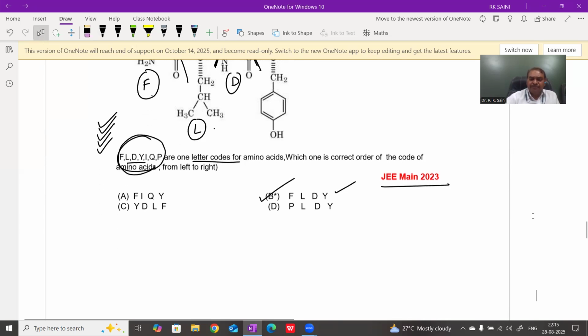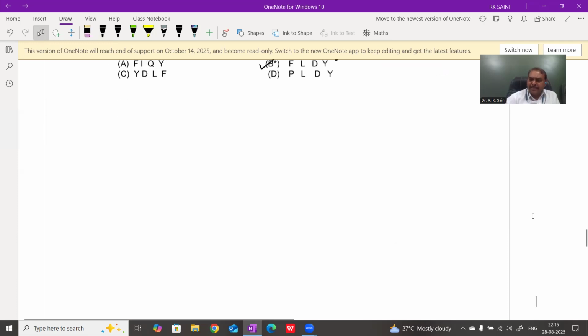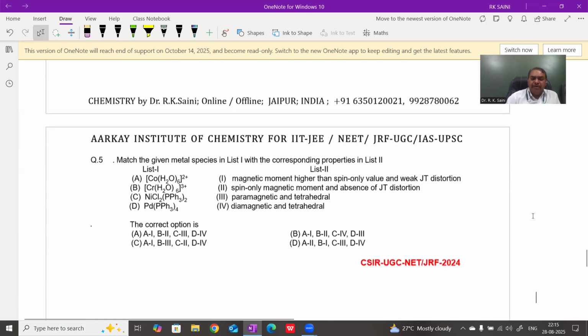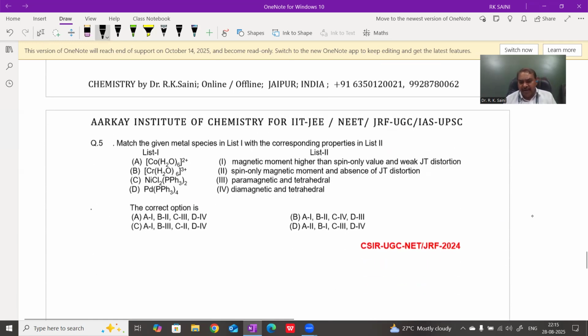This question is from coordination chemistry, asked in the CSIR UGC NET examination conducted by CSIR and UGC last year. Given the complexes in list 1 and list 2, match the complexes.